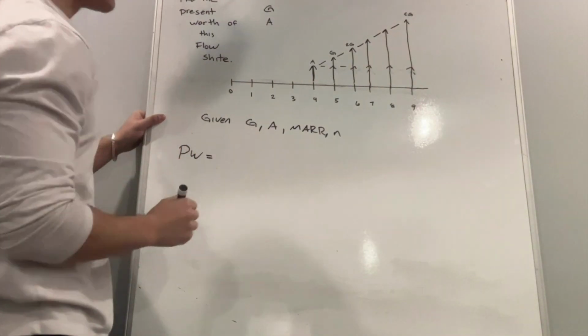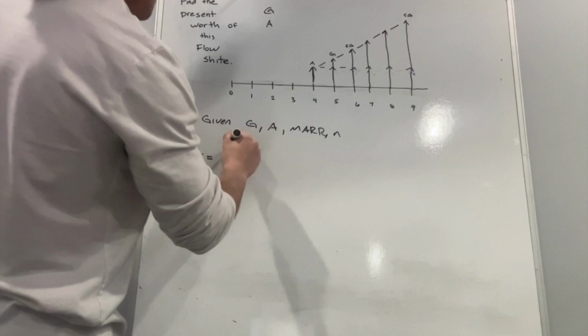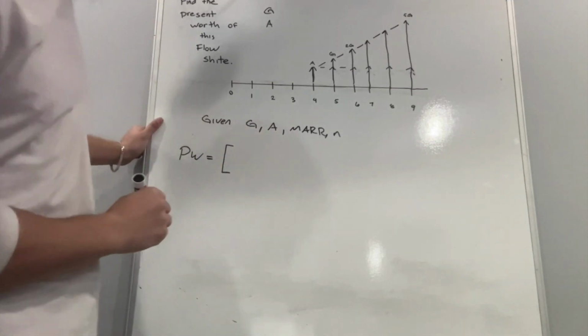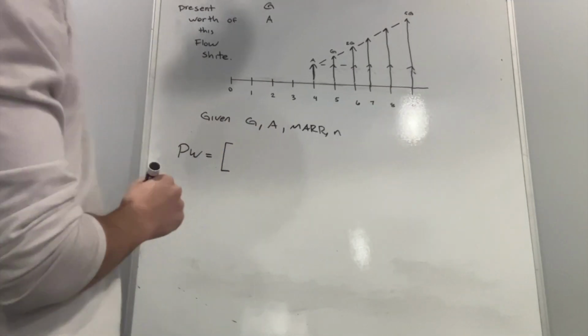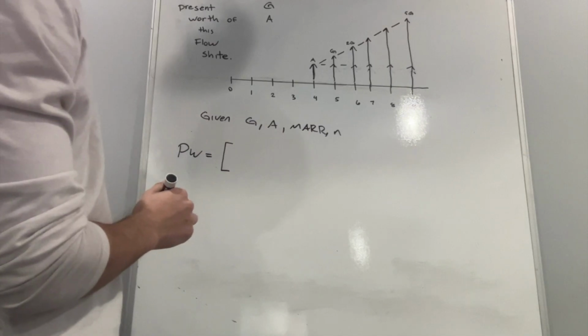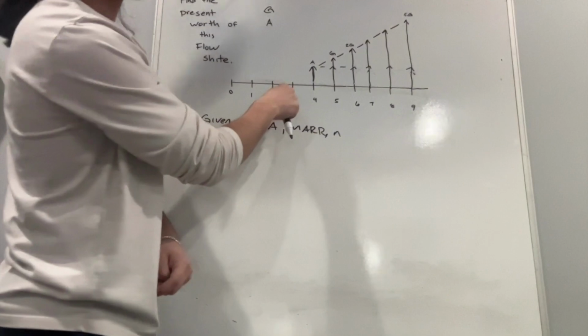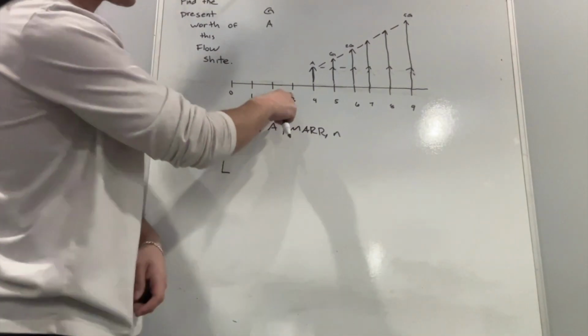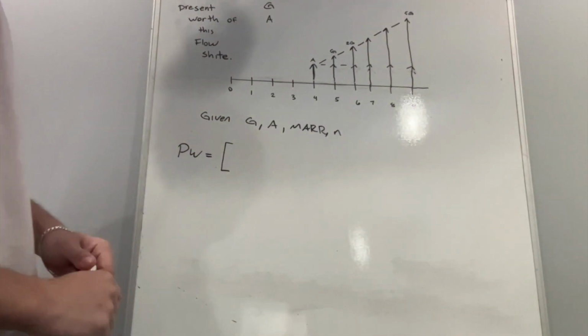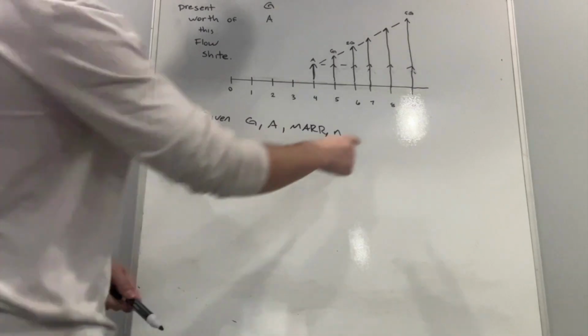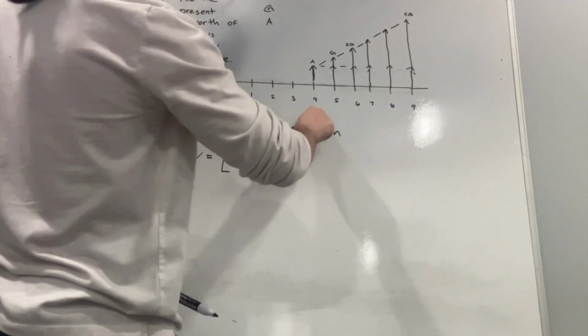present worth is equal to, we need the brackets here, I'll show you why later. Present worth, alright, this is going to sound weird, but we're going to take all this and put it right here for now, on time step 3. To put it at time step 3, it's going to be 1, 2, 3, 4, 5, 6.